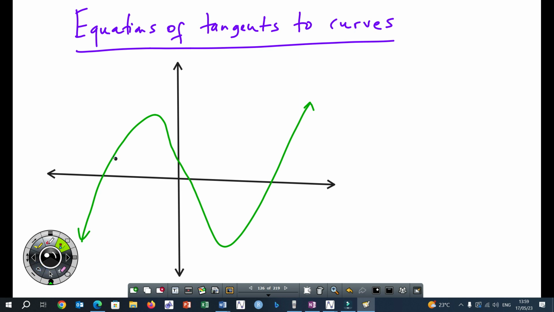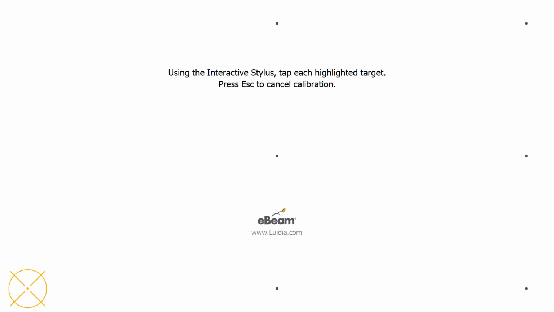Okay, allow me to adjust this point. I think I can enlarge it too. Yeah. So with that point, it's nice, isn't it? It looks nice. Okay, my pen, allow me to recalibrate please because it's not doing what it's supposed to do.